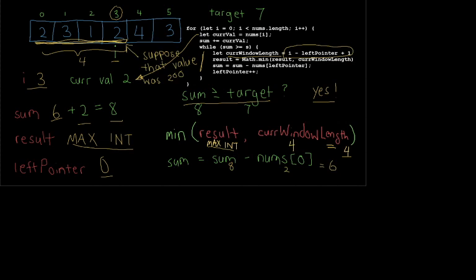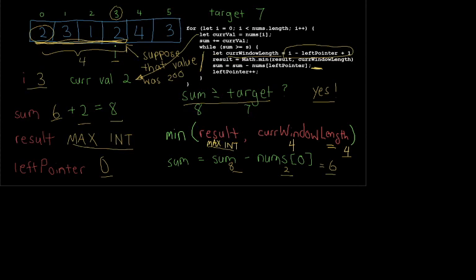After you update the result, you have this line right here, where you take the sum, and you subtract the value at the left pointer, which is going to be 2. So sum is going to be 8 minus 2, and you're going to get 6.